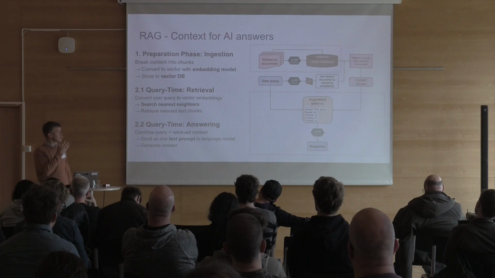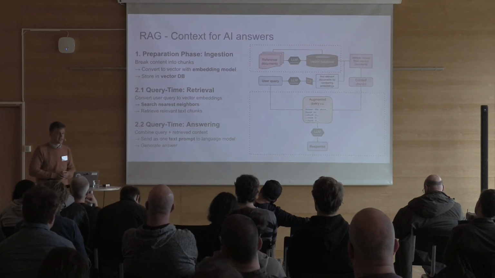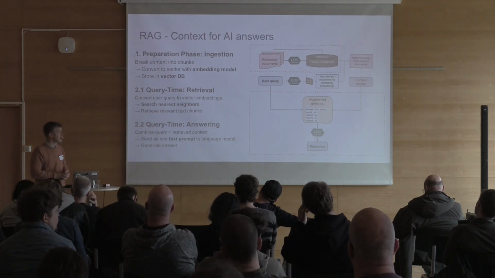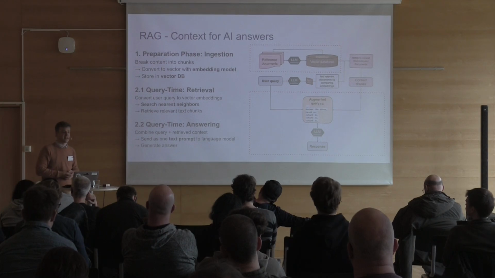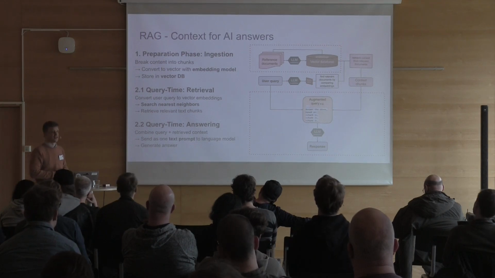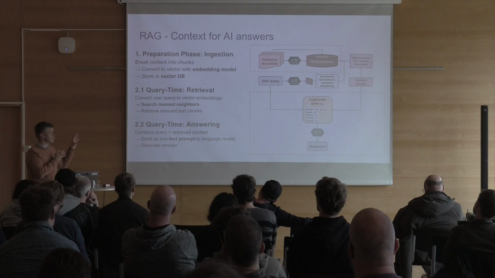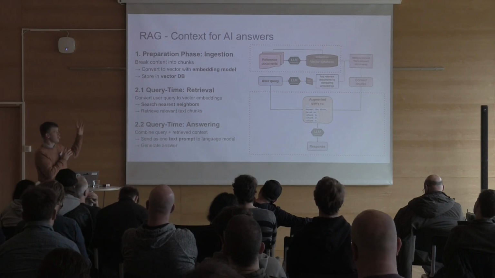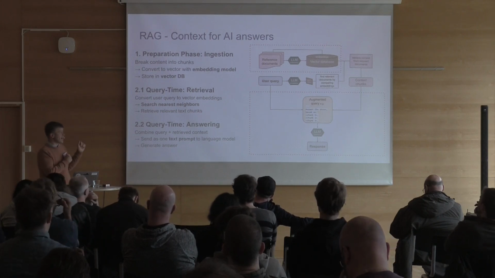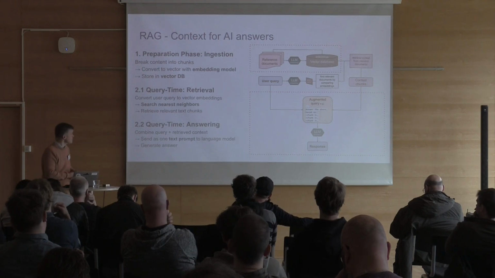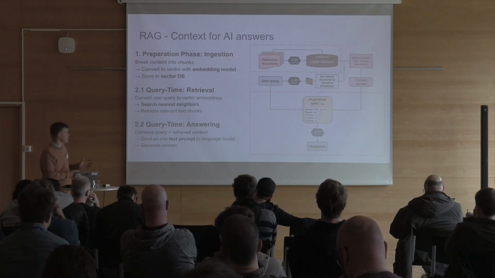And then we do a vector search using that user query, and we find the pieces of text that are closest matching to the user query. So up until now, we've just been using vectors. No LLMs yet in play, just embedding models, vectorizing, and searching for closest vectors.